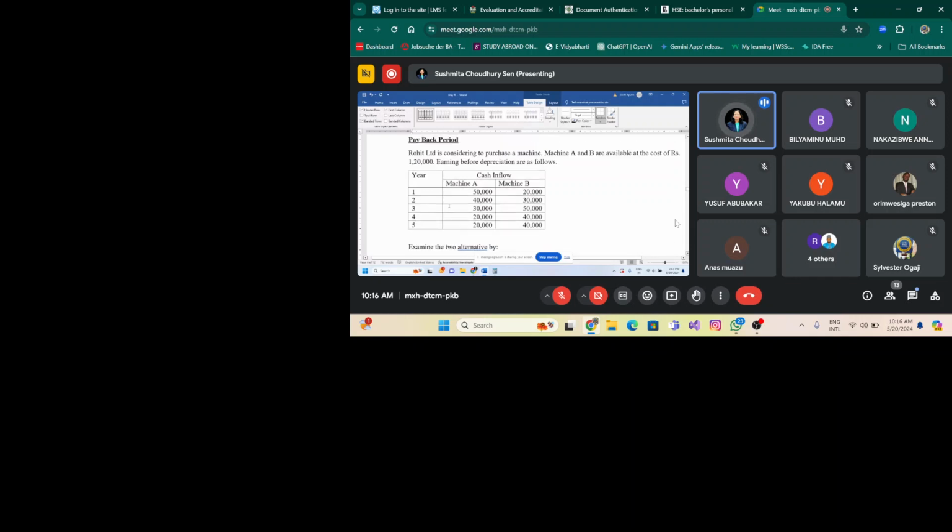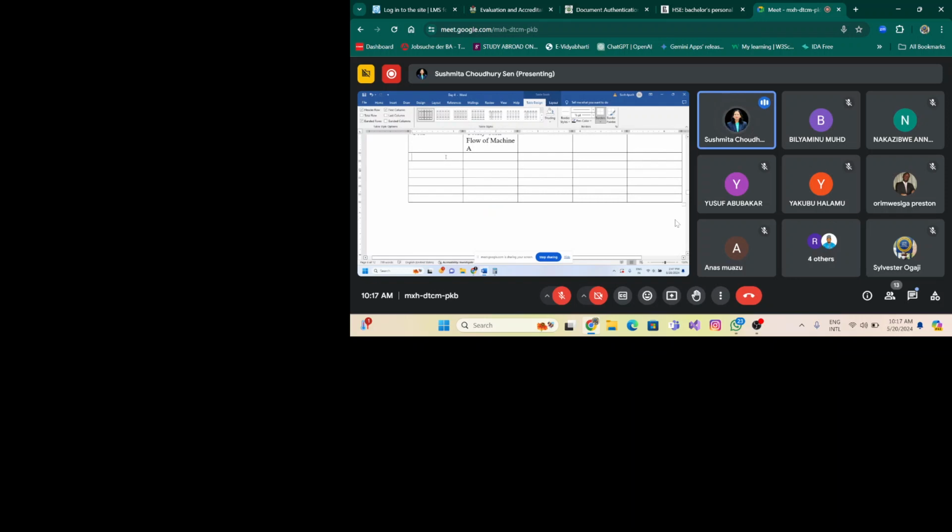I will take a table with rows 1, 2, 3, 4, 5. In the first column I will write year, and in the second, the yearly cash flow statement for machine A. Here I can see the years and the cash flows available. The last column is not needed.